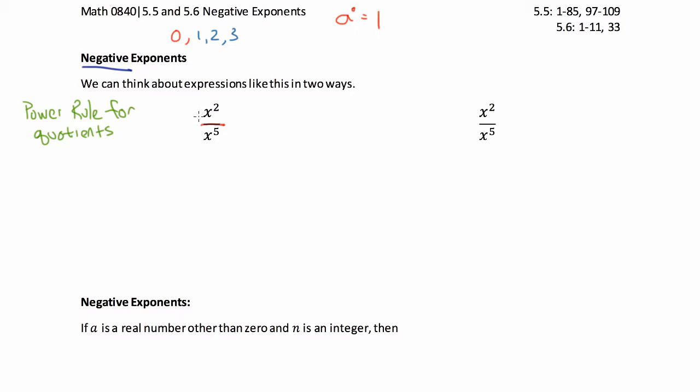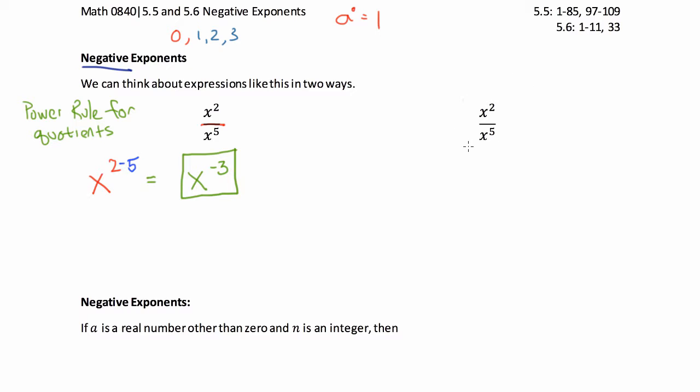So because it's x squared divided by x to the fifth, I'm going to have x to the power of 2 minus 5. Now you might see where this is headed, but we're just going to go boldly forward. 2 minus 5, of course, is negative 3, so I get x to the power of negative 3. So that's one way to think about that.